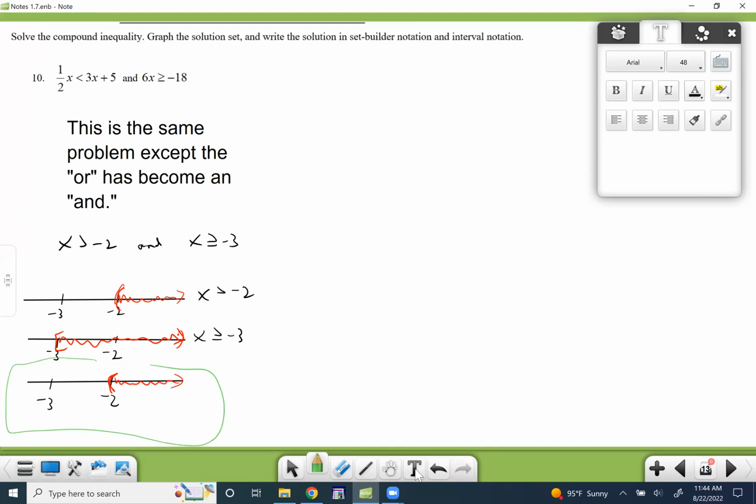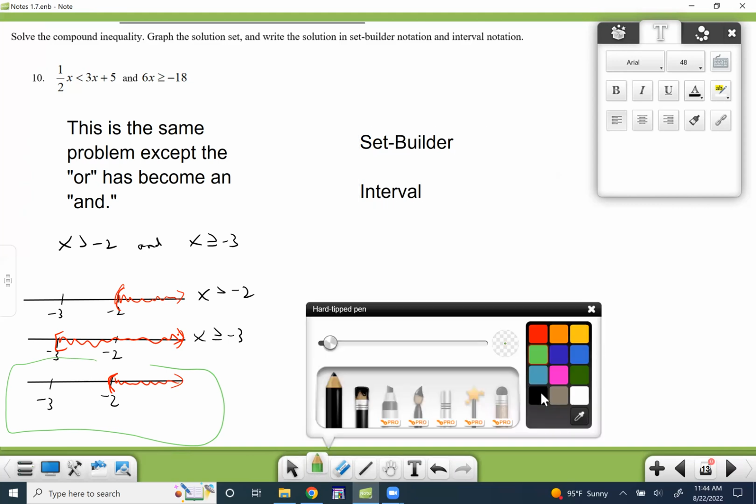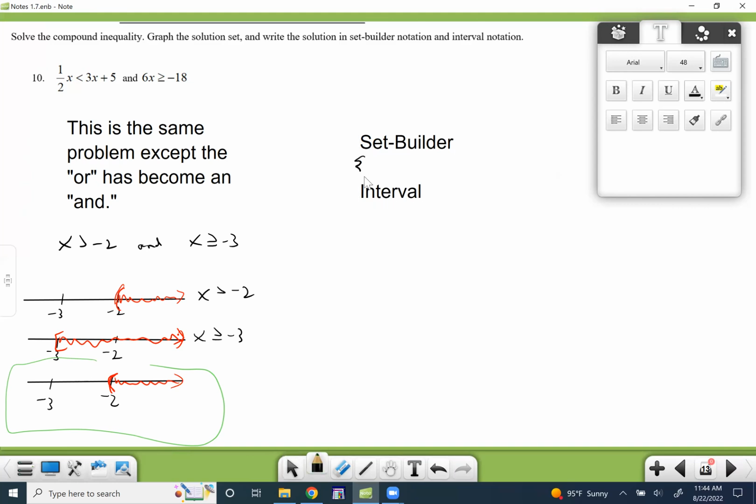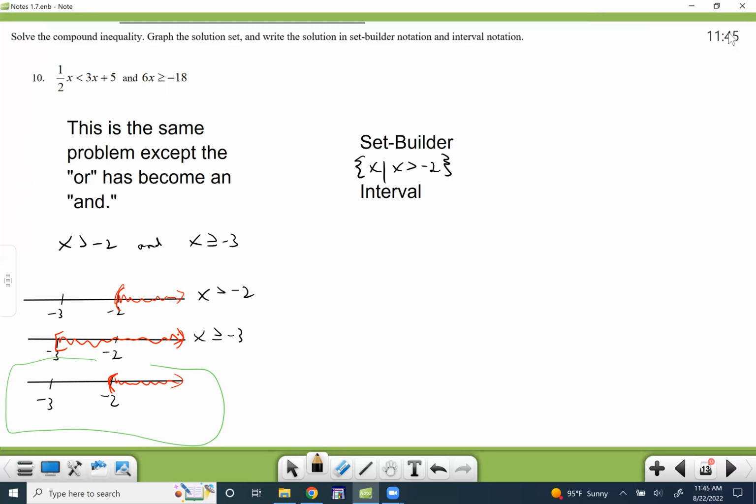We're going to do the set builder and the interval. All right, so for the set builder, again, we're just going to look at this graph and write it as x is greater than -2, not or equal to, because it's a parentheses, right? And I don't need to bring -3 into it because it really didn't affect anything.